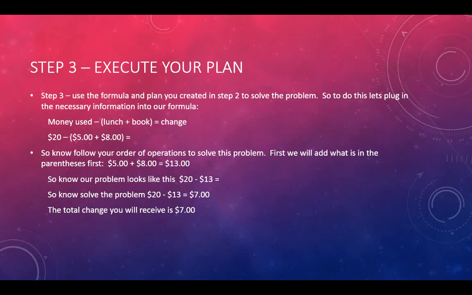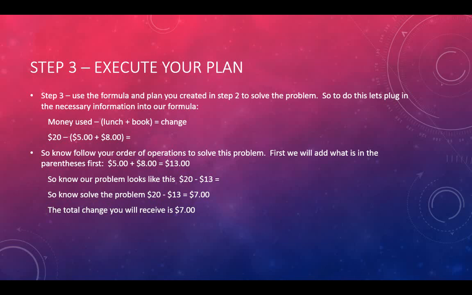The lunch was $5 and the book was $8. So our problem is going to read as 20 minus parentheses $5 plus $8 close parentheses, and it's going to equal the amount of change that you're going to get back.